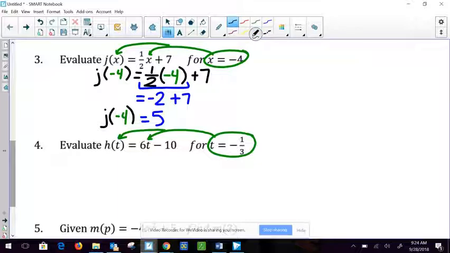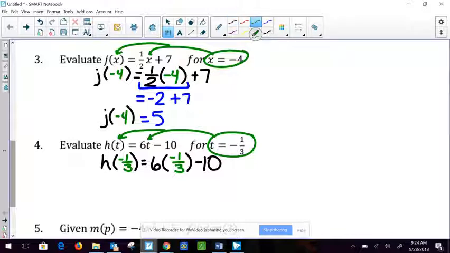So my function h evaluated at -1/3 is equal to 6, instead of times t, what is t again? Yeah, great, -1/3. And I still have that minus 10. So again, I'm taking t out and I'm putting -1/3 in its place.